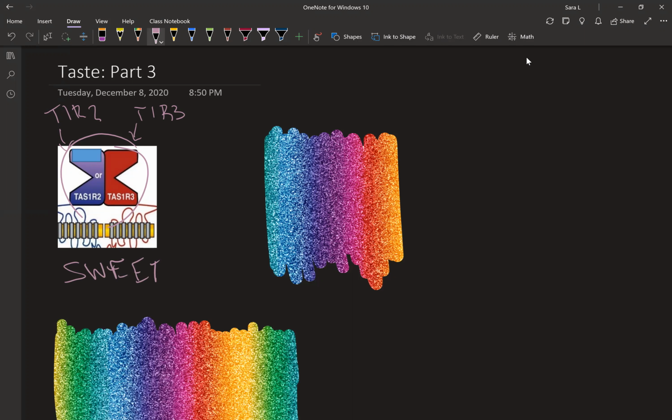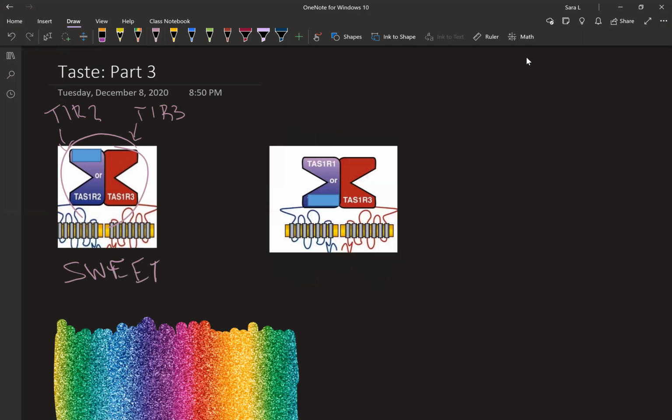And over here on our right side, we're going to have our umami. When we're looking at similarities, we can see this one right over here is exactly the same, and this one is different. We have the exact same T1R3 receptor, but over here, we have our T1R1, which we did not have before. Before that was the T1R2, and this is our umami.